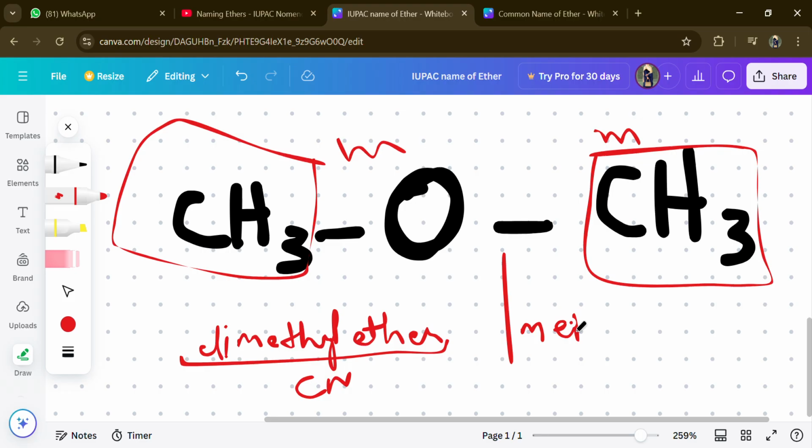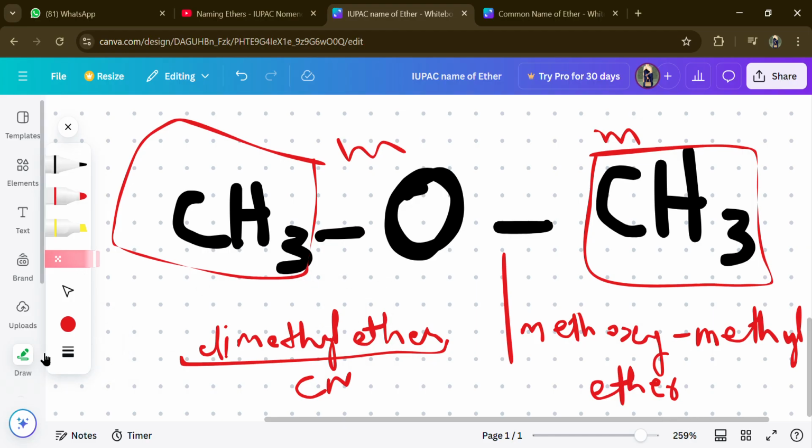We can consider any of the methyl as methoxy. Then again there will be a nomenclature as methyl: methoxy, methyl, and then ether. Now what would be its name? Methoxymethyl ether. That will be its nomenclature.